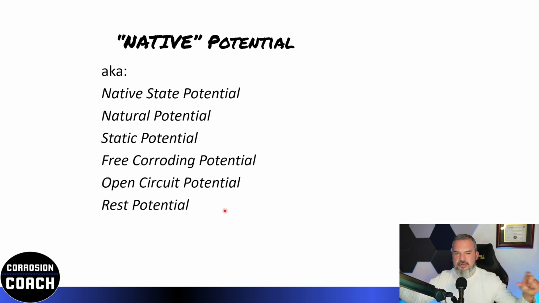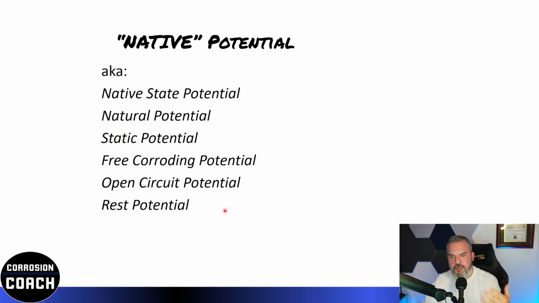That's the potential of the steel structure, the pipeline, before you even put cathodic protection on. It just, as is, it's out there. That's a native potential. We'll call that different things. Native state, natural, static. I hear that quite a bit. I use that. Free corroding. I don't use it as much, but it's out there.